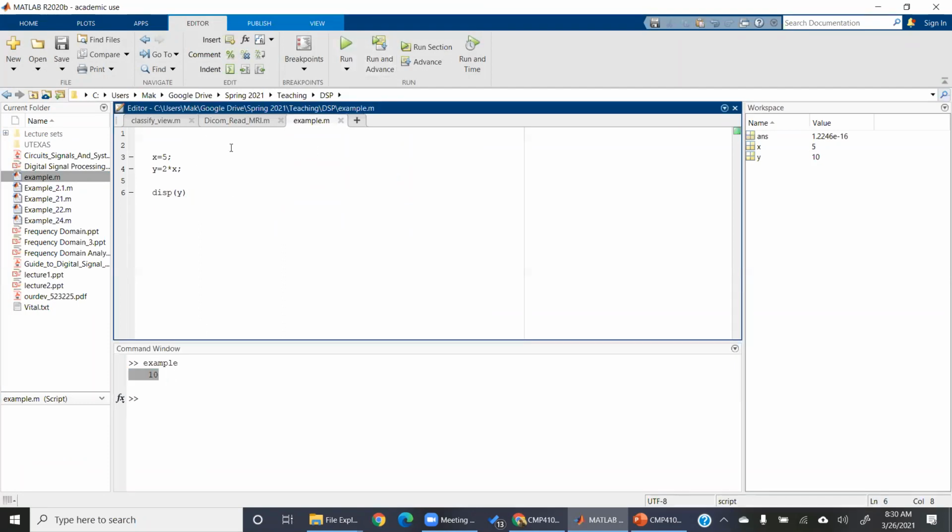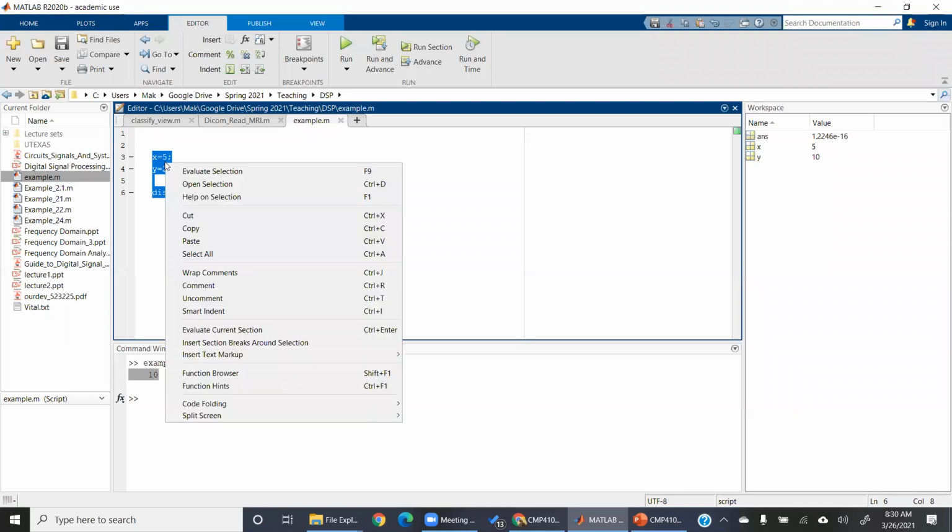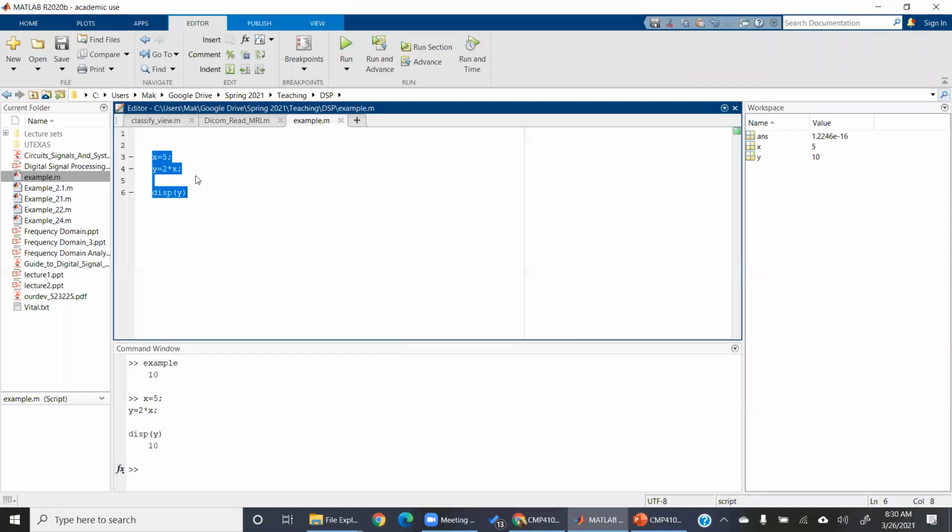Now, instead of running the whole script, you can as well left click and select, right click and evaluate. Give the same thing. You can section your code. Let's say here I have z equal to 13, and then I say m is 3 plus z.